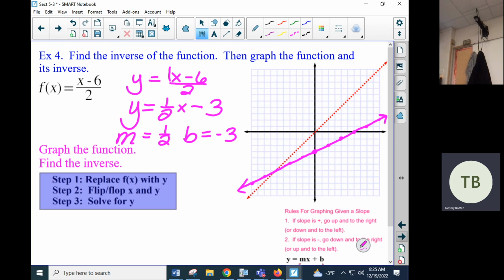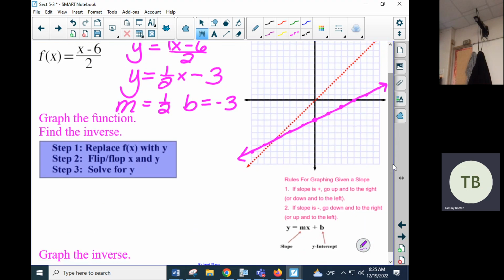Okay, now what we're gonna do is take that function and we're going to take this right here and switch our x and our y. So when I do that, I would get x equals y minus 6 divided by 2. Okay.